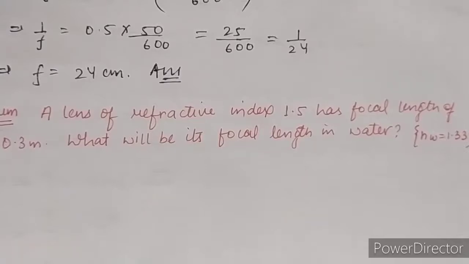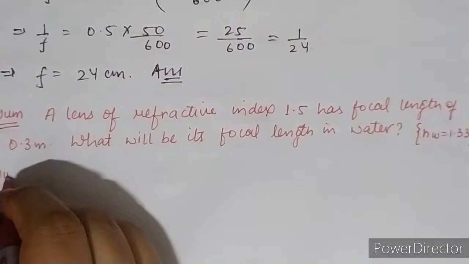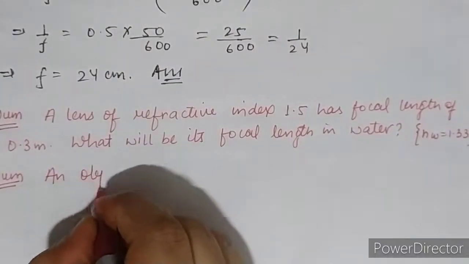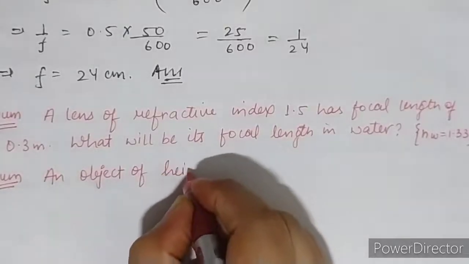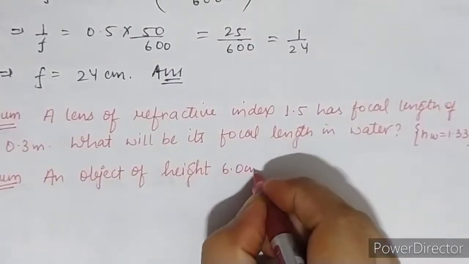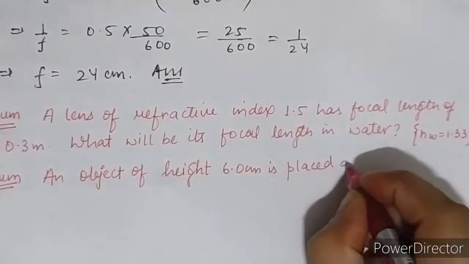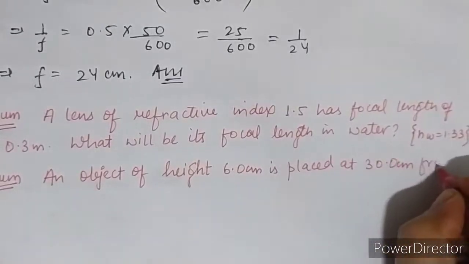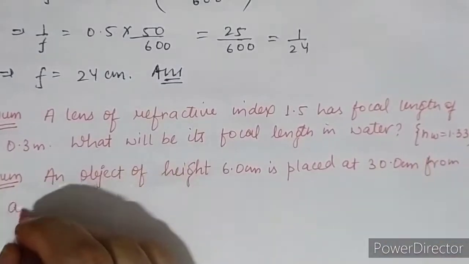The next numerical which you have to solve at your home: an object of height 6.0 centimeter is placed at 30.0 centimeter from a lens.